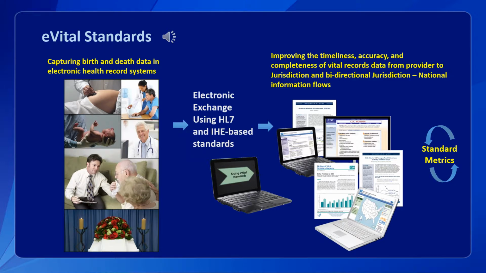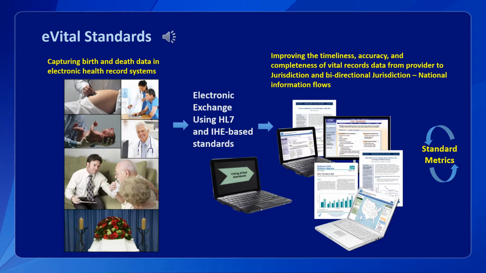And the goal of this initiative is to develop and implement national standards to support interoperability among the providers and the jurisdictional vital records agencies and NCHS, because we want to improve the timeliness and the accuracy and the completeness of the birth, death, and fetal death records, and to promote standard metrics across all the jurisdictions and the National Vital Statistics System.